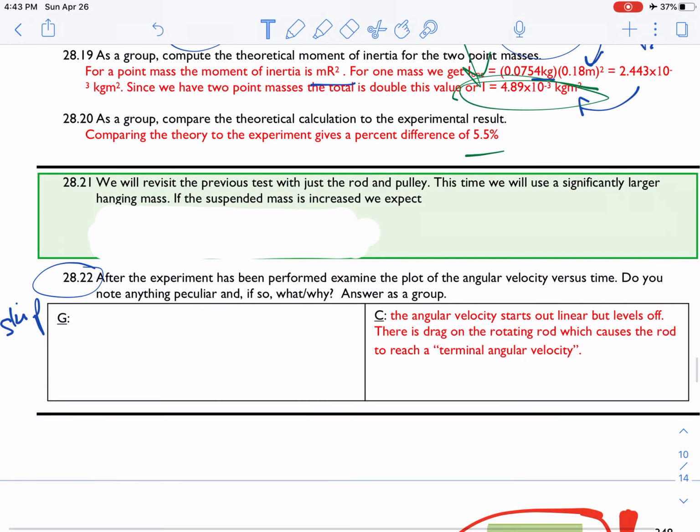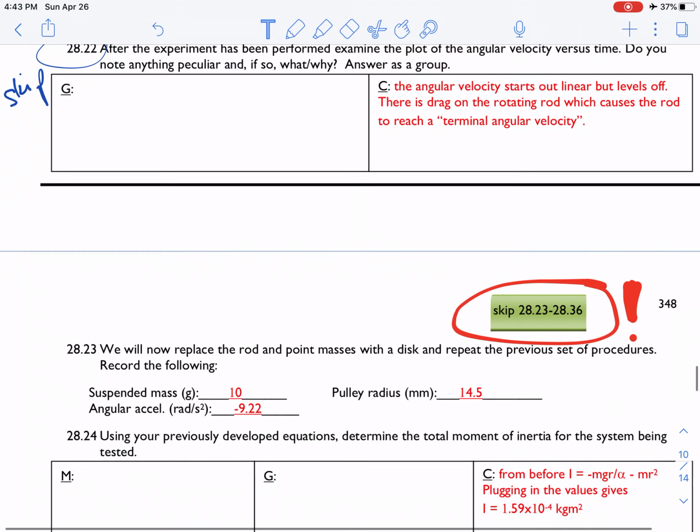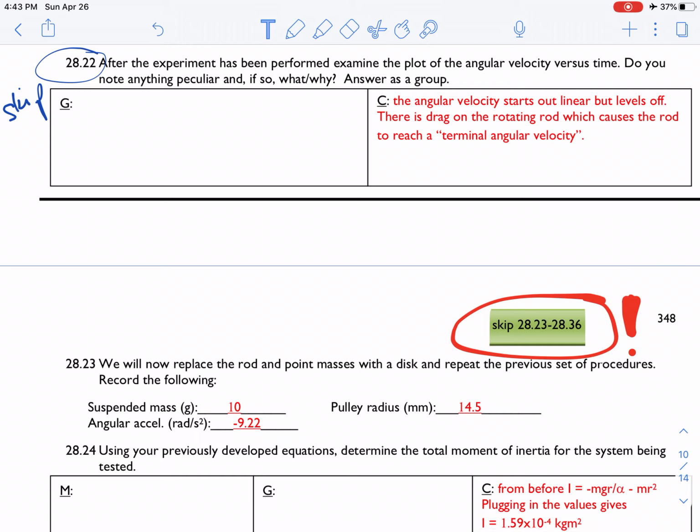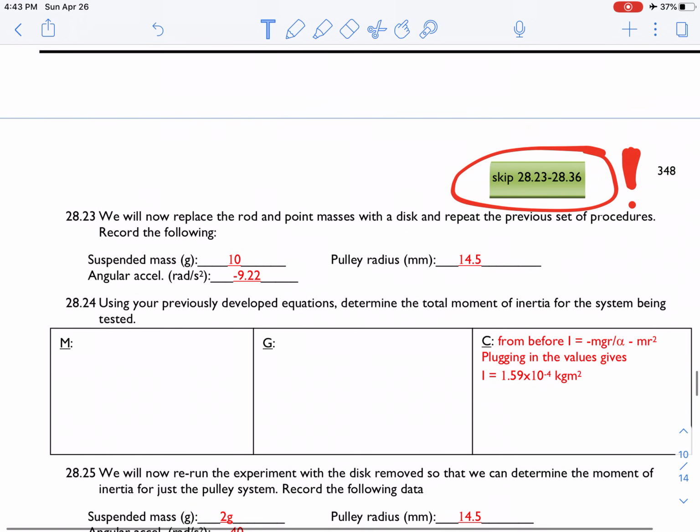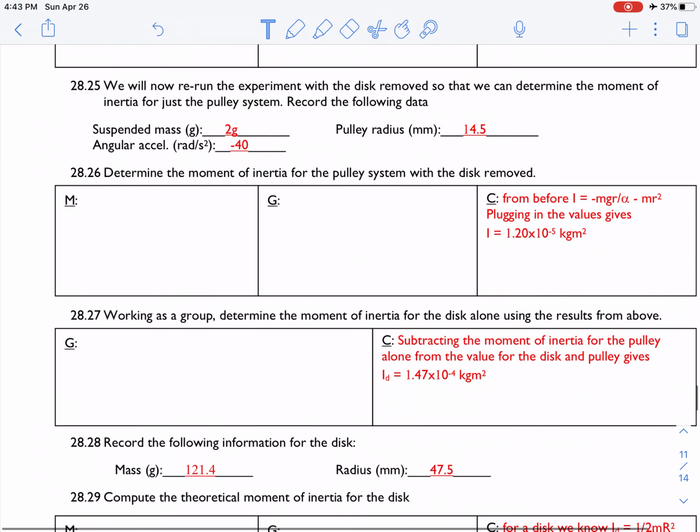Again, there's another clicker question. You're going to answer that on Canvas, and I'm going to skip the rest of the things. So 28.22 is skipped since we're not able to show any data. And I think the entire page of 348, so we're skipping from right here 28.23 all the way to 36.